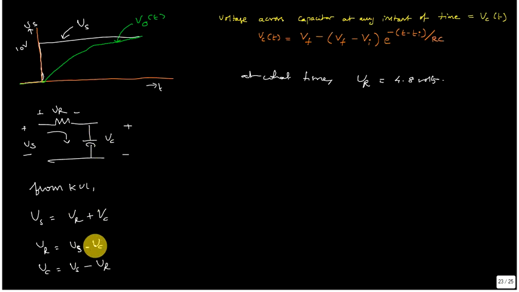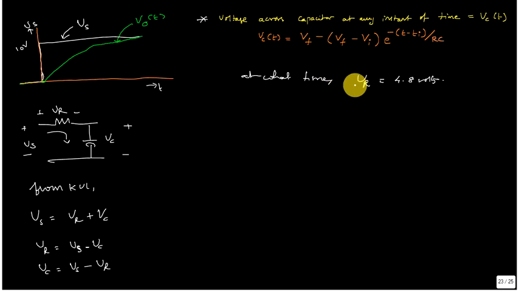If you know the voltage across the capacitor, the remaining voltage should drop across the resistor. So these two are the important equations which come from the simple KVL formula. And we know only one equation, with which we can calculate the voltage across the capacitor at any instant of time. That can be calculated using this general equation. So we are going to find how much the capacitor voltage is at that time, and from that we are going to calculate time.